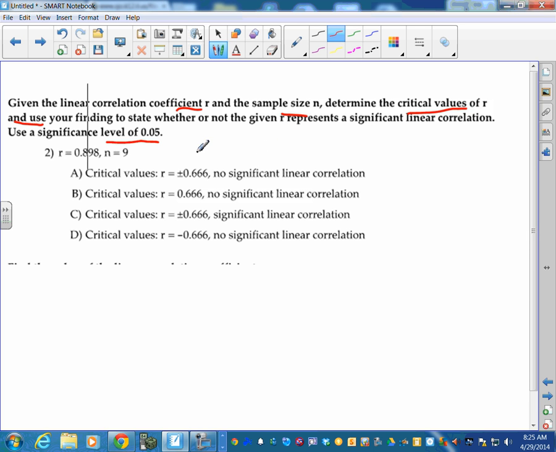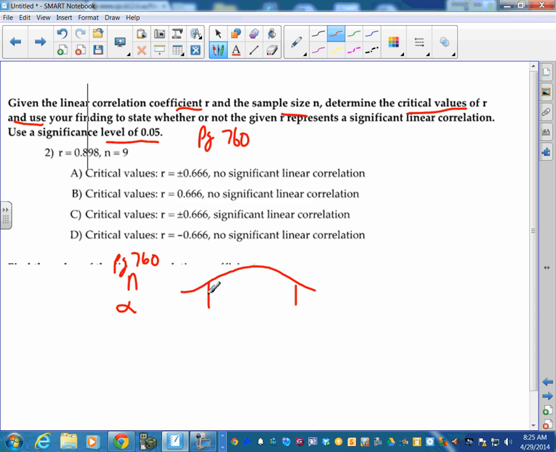Yes. Page, what page? 760. What do you need for your critical numbers? N and alpha on page 760.